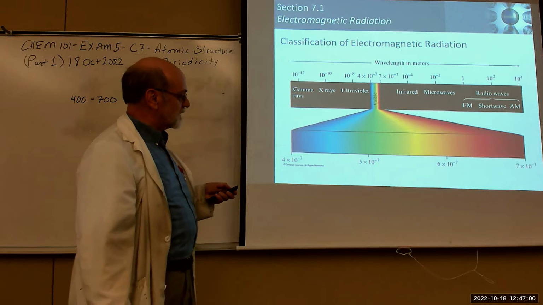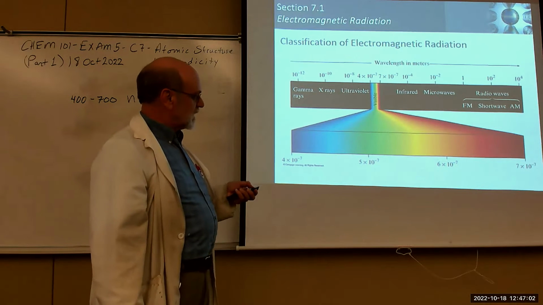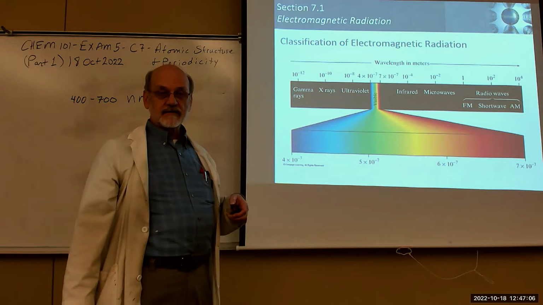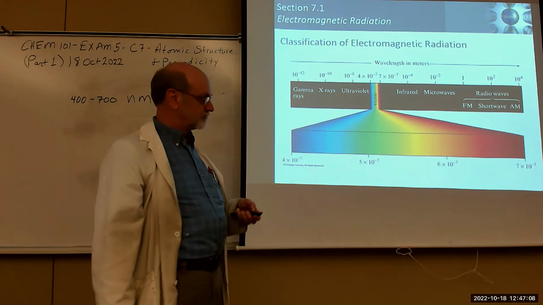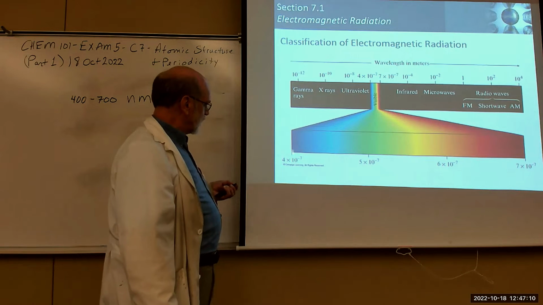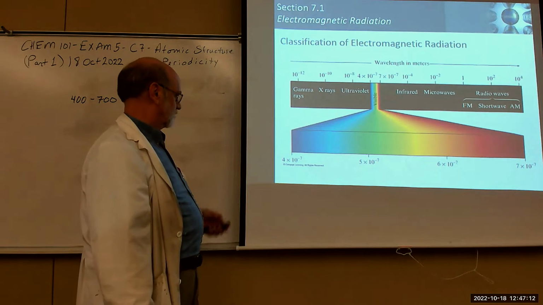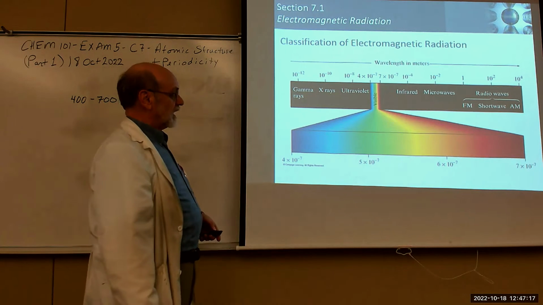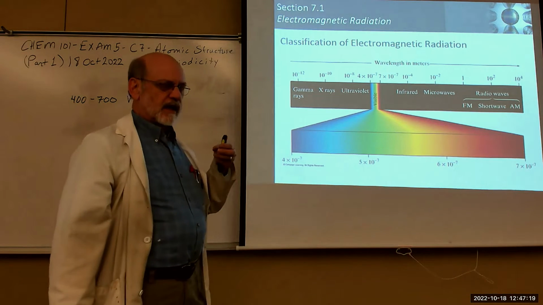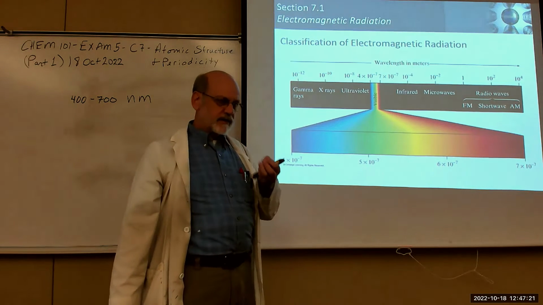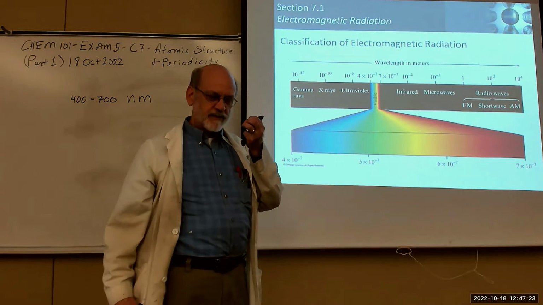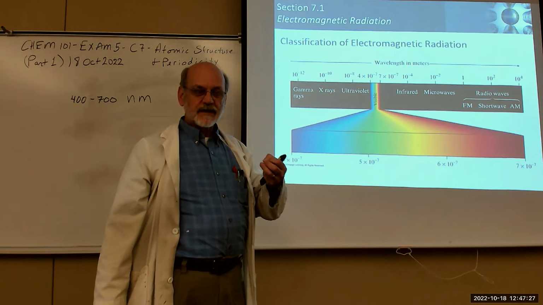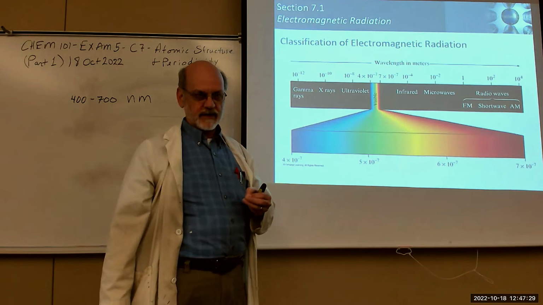But you'll notice that the red end is the longer wavelength, so it has the smaller frequency. And the blue end has the shorter wavelength, or the larger frequency. Now, this is important because the energy that's carried in a particular frequency of light is dependent upon that frequency.